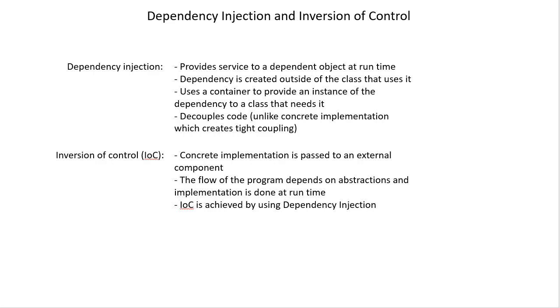Normally the flow of the logic inside the program is determined by how the objects are bound to each other, typically by how the classes are being passed into other classes via their constructors. With inversion of control, the flow depends on abstractions, and the implementation is done during the program's execution. And this inversion can be achieved by dependency injection.